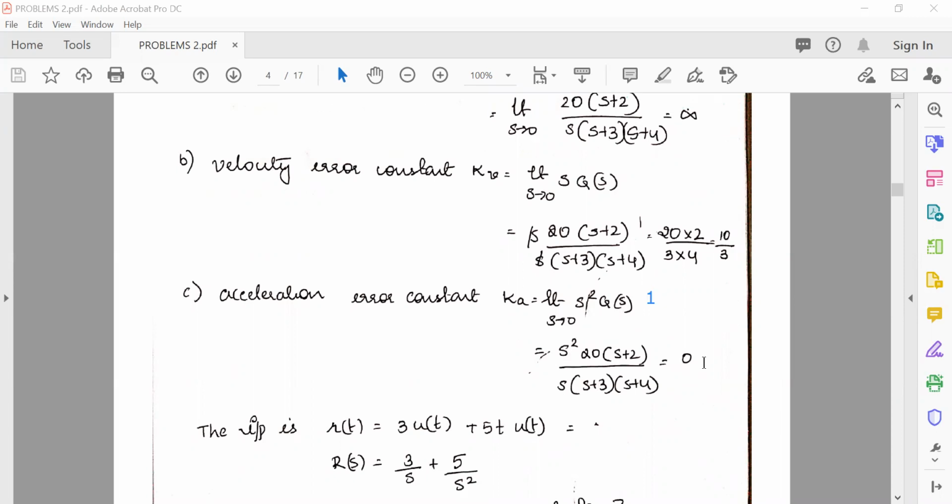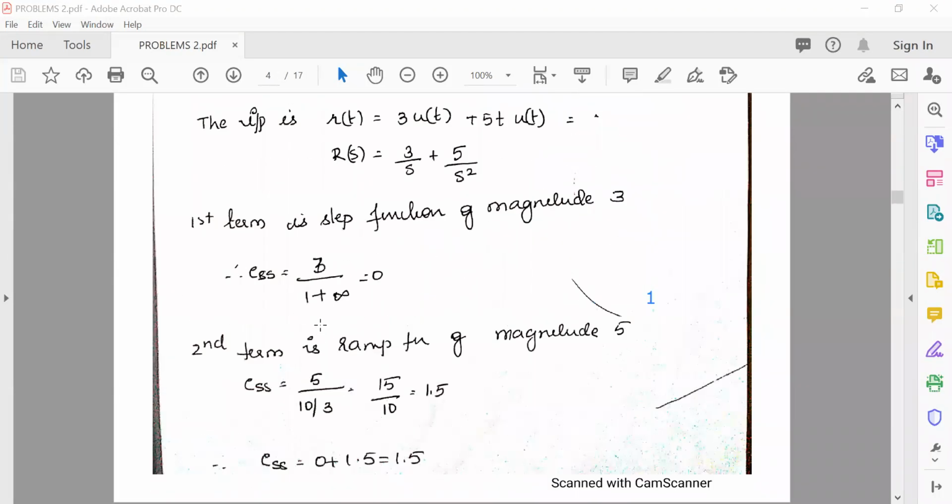Now for the given reference input r of t, the first term is a step of magnitude 3. The second one is a ramp function. Laplace of that will be 3 by s and 5 by s square. Next, do the first term. What is the error due to the positional error?